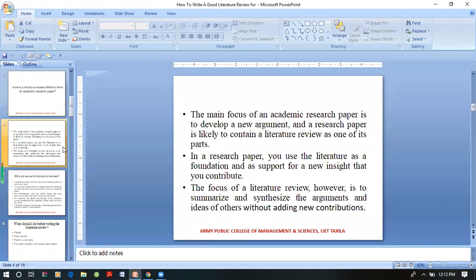Of research papers. In a research paper, we are introducing a new article, a new framework, a new algorithm, which is based on the literature review, right? A literature review is one phase of a research project, on the basis of which you introduce a new framework.